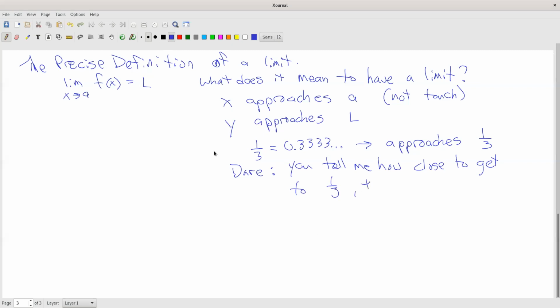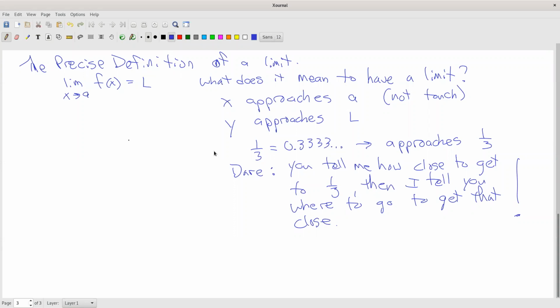And then I tell you how many places, how far out you have to go to get there. So that's the idea behind this, that however close you want to get, I can get you there. If I can always do this, then that means the limit exists. That's the idea behind this.